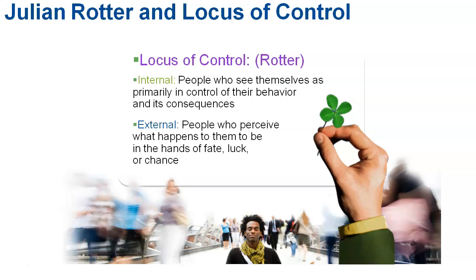But when it comes to locus of control, when things go wrong, when we make mistakes, we tend to have more of an external locus of control. So, I got a bad grade on that test because it was difficult, the teacher didn't go over all of the material. So it's stuff outside of a person's control.